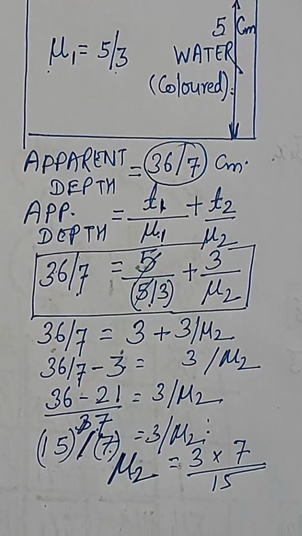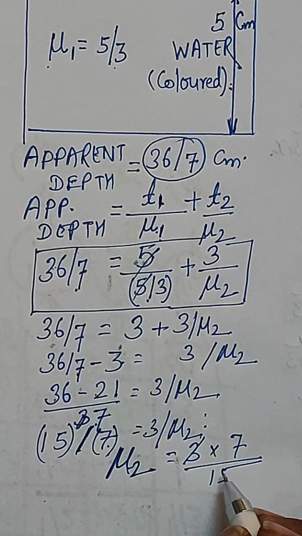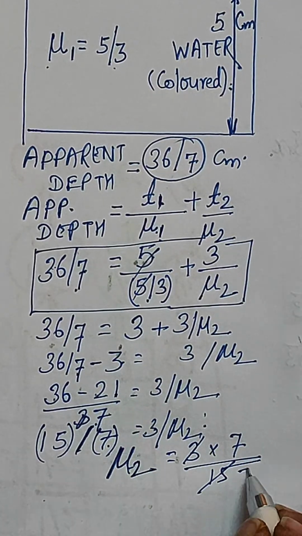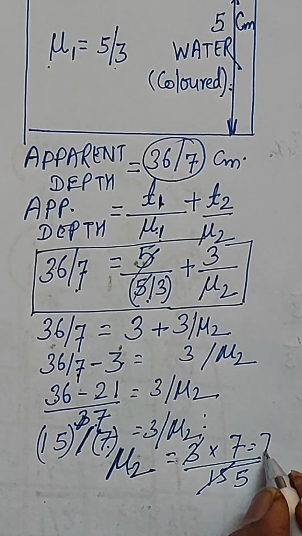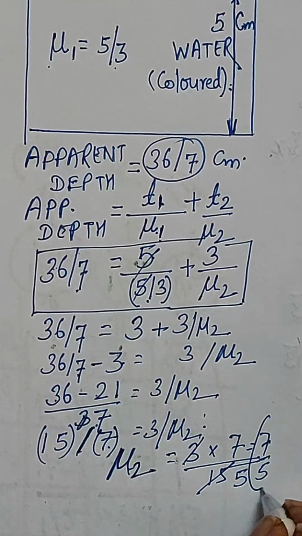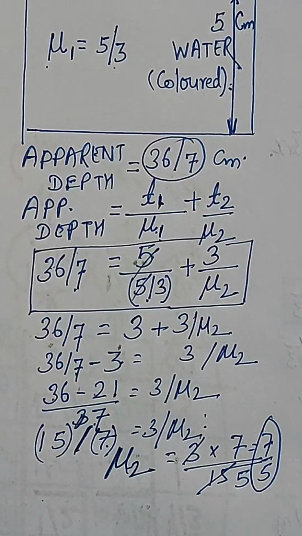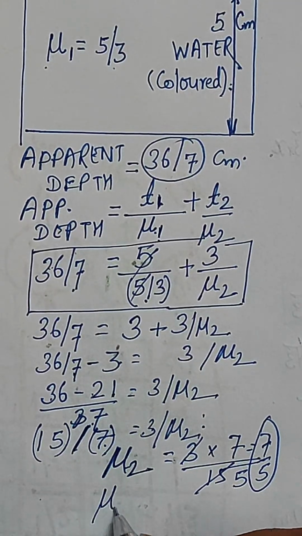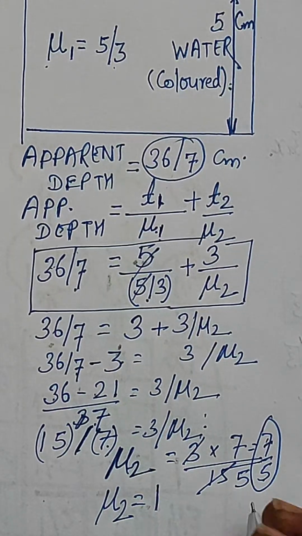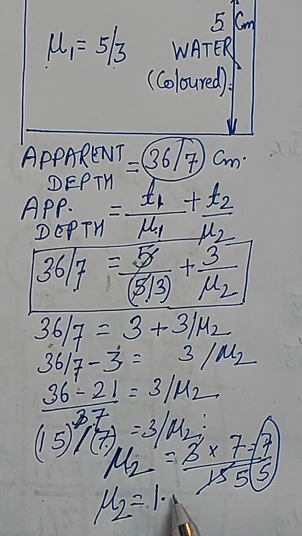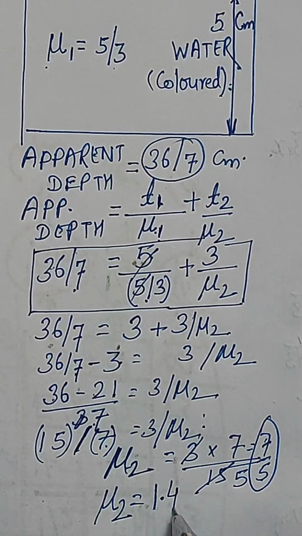So if you divide 15 by 3, it will divide 5 times. So this will be coming as 7 by 5. That is the value of mu 2. When you divide it, 7 by 5 in decimal is 1.4.